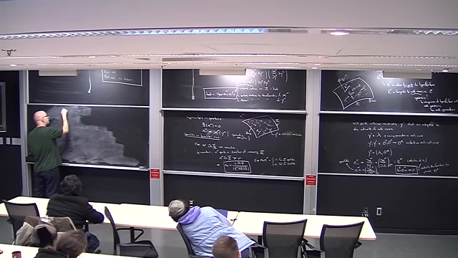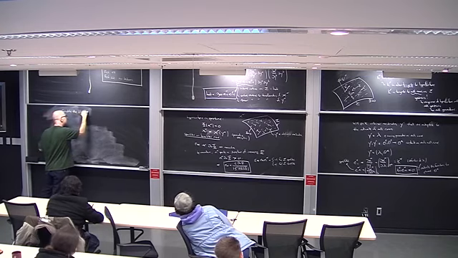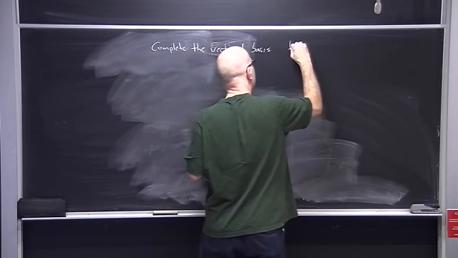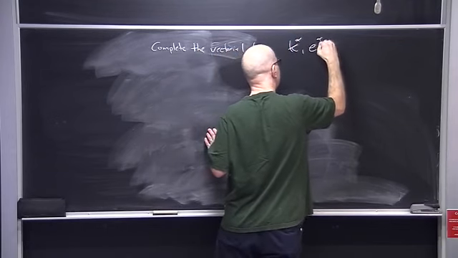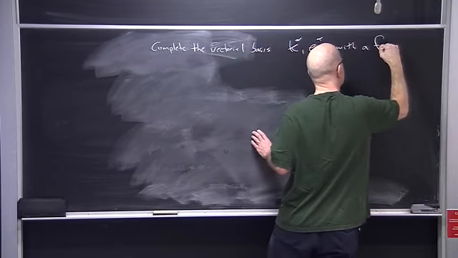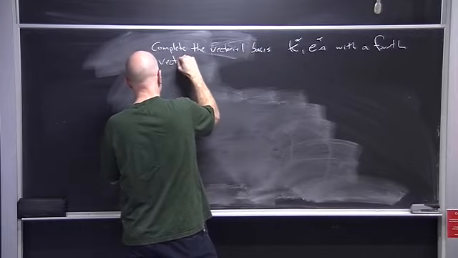So what I'm saying is that we have to complete the vectorial basis, which so far involves only k and 2 space-like vectors, with a fourth vector. And here we have some choice.